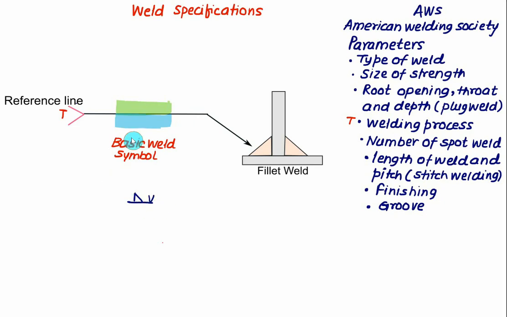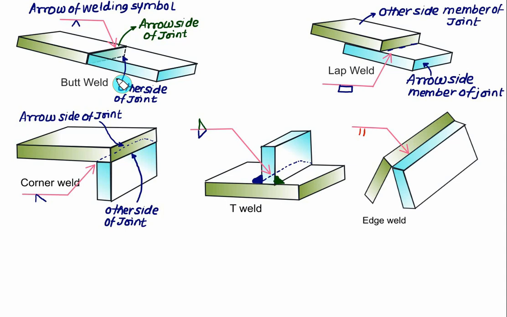On the bottom side, you have to use the arrow side symbol, and on the top you have to represent the symbol on the other side. So this is what we have discussed here, how to represent the symbol on the arrow side if it is a lap joint. If it is the corner joint, you have to use this symbol. If it is a weld on both sides, you have to use this type of symbol, that is a triangle up and down on both sides.